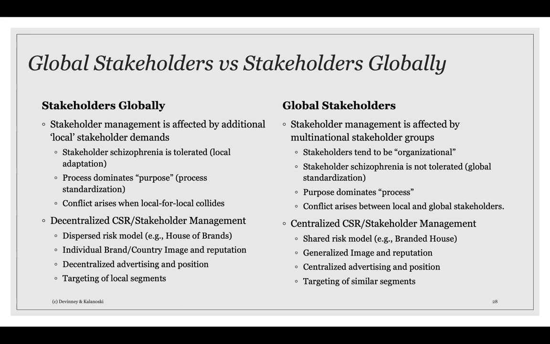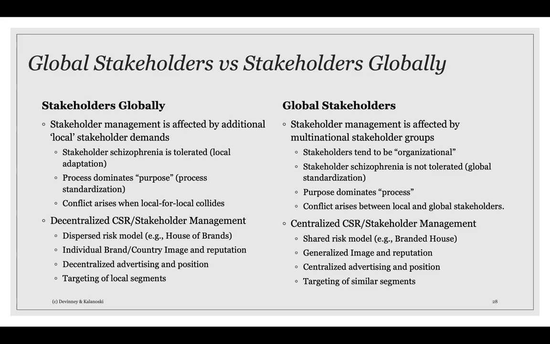You worry about the fact that your subsidiary and your managers are following process. And therefore, you could have stakeholder schizophrenia in the sense that who are stakeholders in one country may vary from who are stakeholders in another country. The solutions to stakeholders in one country may be different to solutions to the same set of stakeholders in a different country. It is fundamentally a decentralized model.